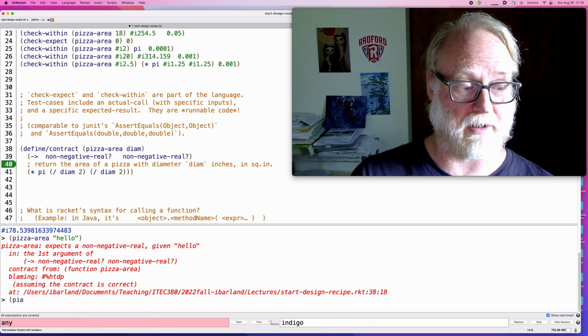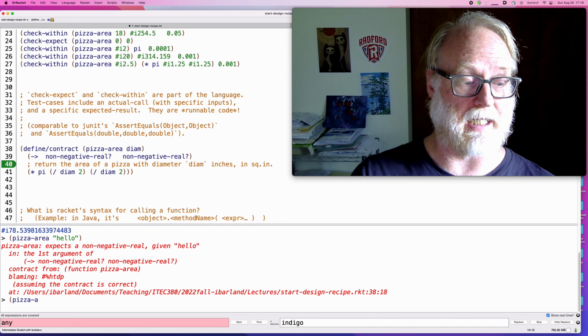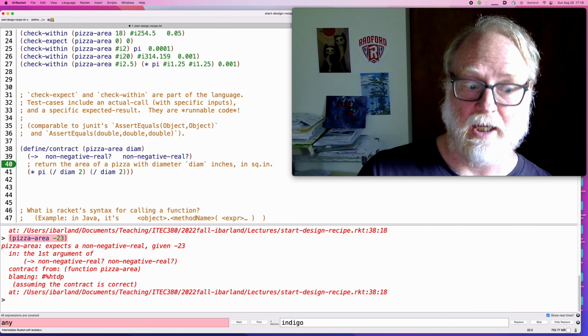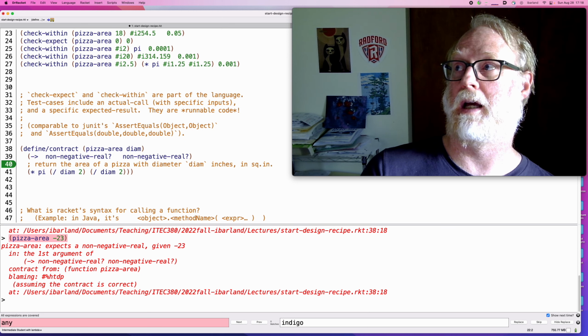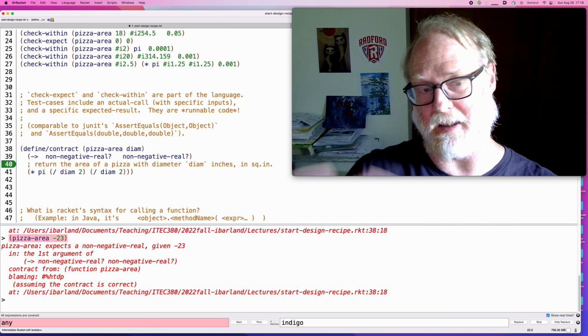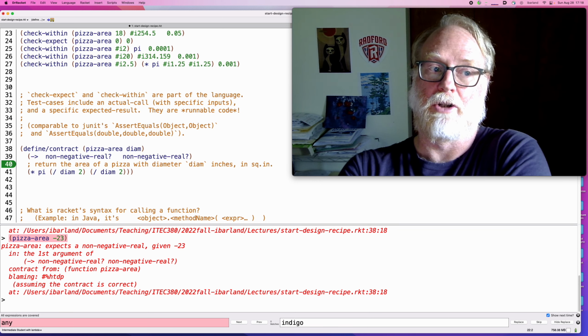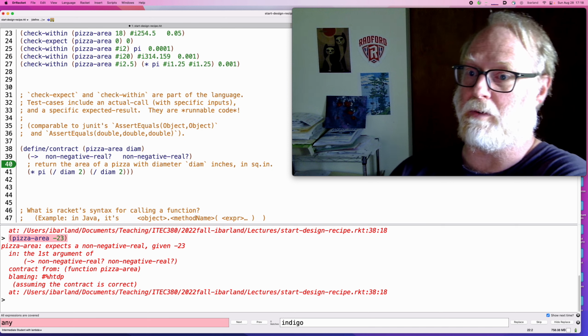Okay, and how about pizza area of -23? And you can see that again, we don't need to provide our own check expects that passed in different types or things that didn't meet the contract. Define/contract will do that for us.